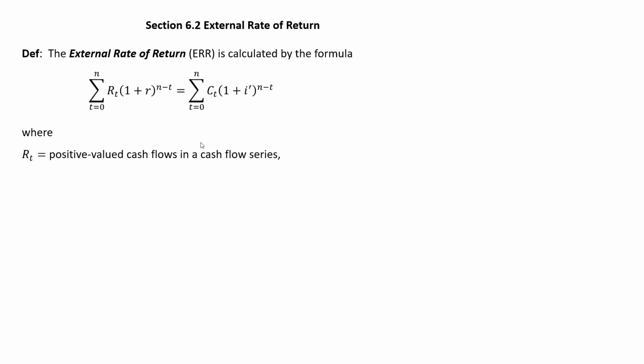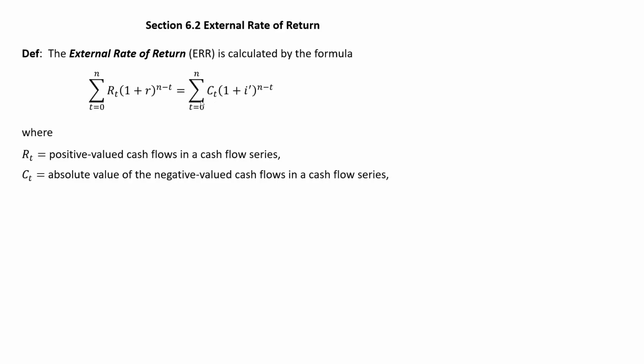C sub t, on the other hand, is the absolute value of the negative valued cash flows in a cash flow series. Why the absolute value? Let's say there is a negative 10,000 as an initial investment. Don't use negative 10,000 for C sub 0 in that case.